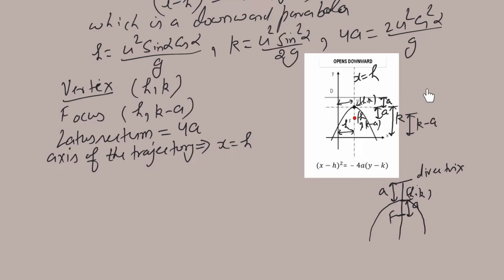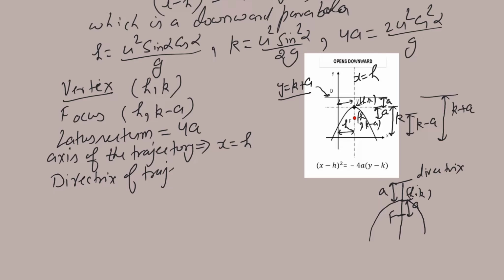So this total height will be k plus a. So this line at a height k plus a is y is equal to k plus a, and that will be the directrix of the trajectory.